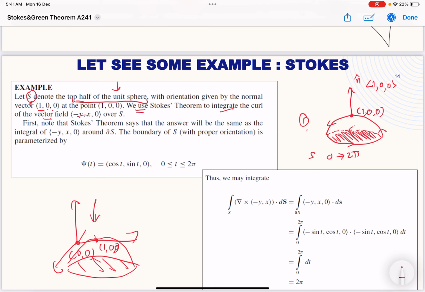Okay, so you have a vector field. So you have a vector field of y x, so your W will be negative y, x, 0. If you notice here, your W now lies only on the two-dimensional plane, right?